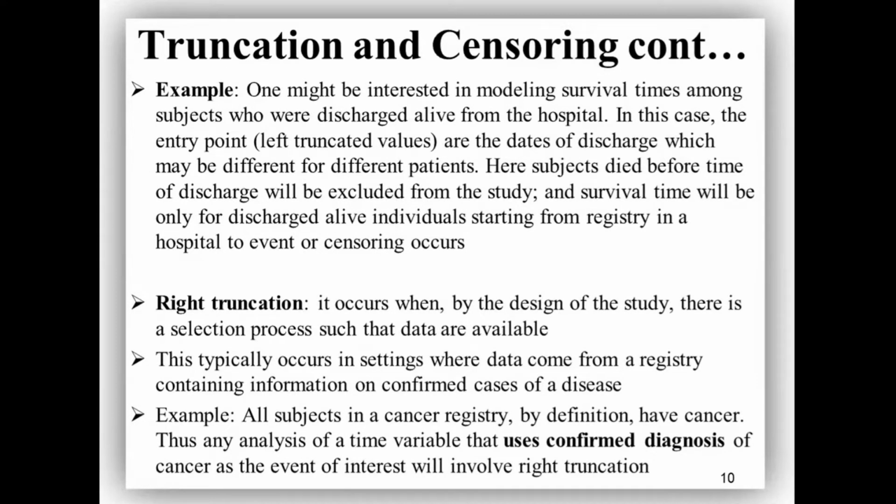For example, all subjects in a cancer registry, by definition, have cancer. They have already developed the cancer. We don't have any more events at that time because they have already developed it. If the event of interest is developing cancer, then they have already registered and already have cancer. Therefore, such data are called right truncated data.